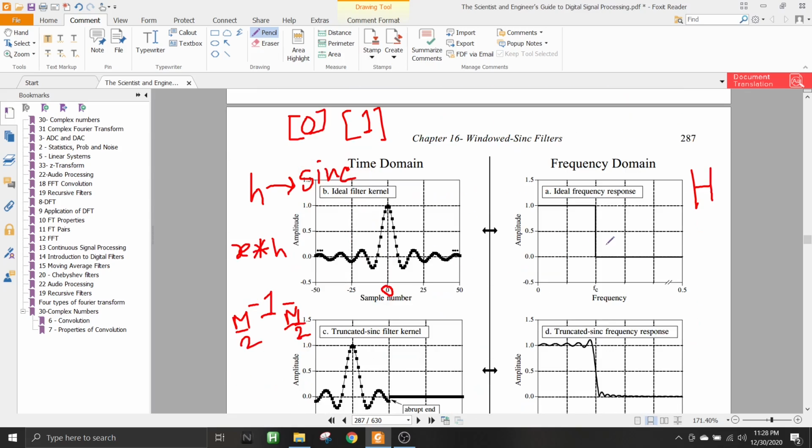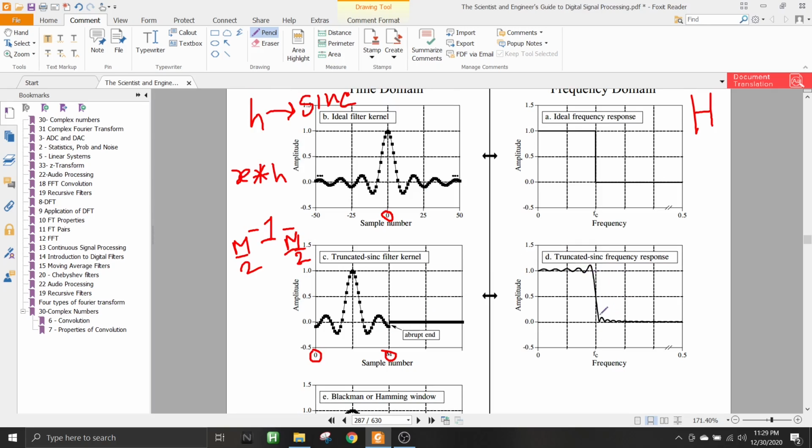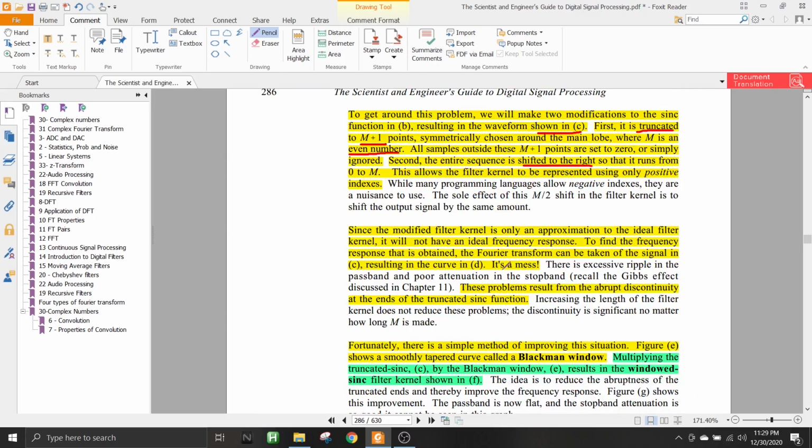The ideal one had an instantaneous transition. But since this is not ideal, its frequency response will also not be ideal. It will be gradual, and there will be other problems like passband ripples, and also poor stopband attenuation. That means it is not exactly becoming zero. It is oscillating and gradually becoming zero, but still oscillating. So that is the problem here.